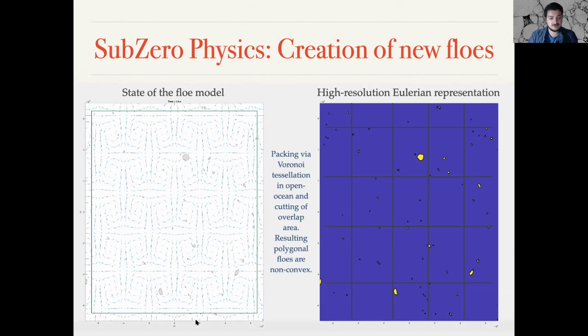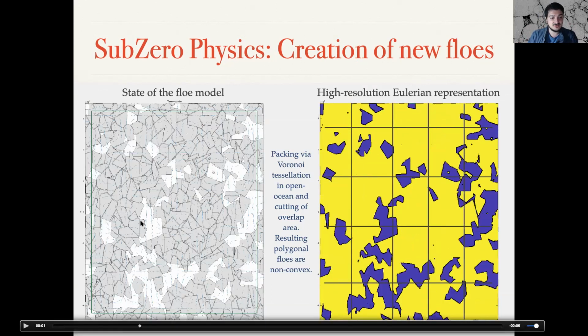To fill some sort of edges in between these tight domains, you would need to have a lot of elements. But if you have non-convex flows, then you can just have one flow that has a shape of that bizarre shape of the area, which is exactly how new ice forms, right?